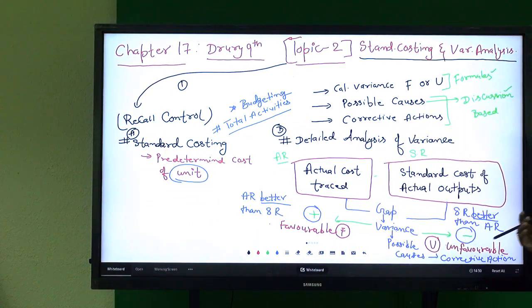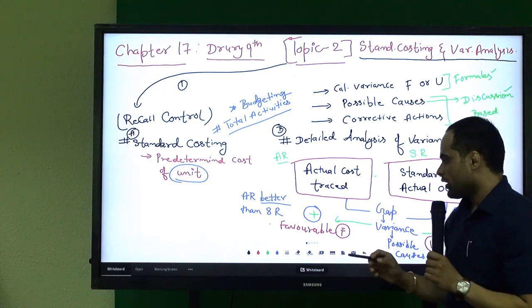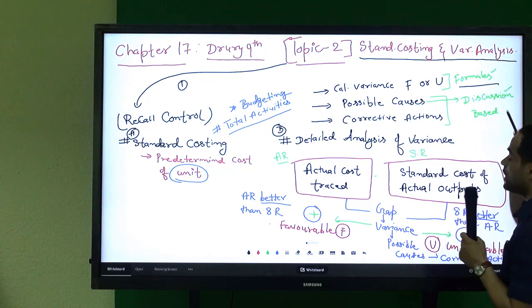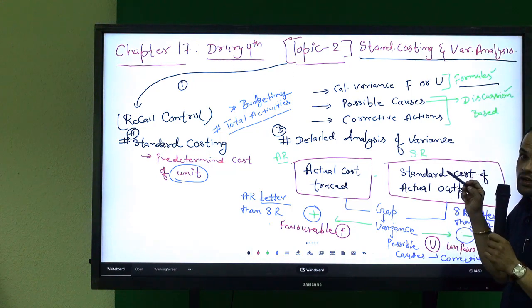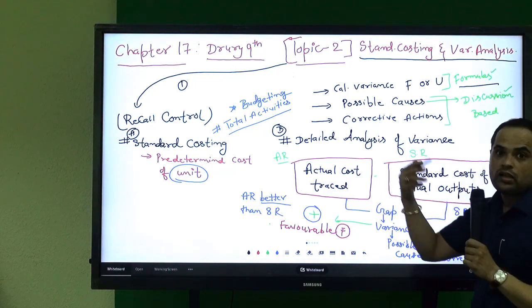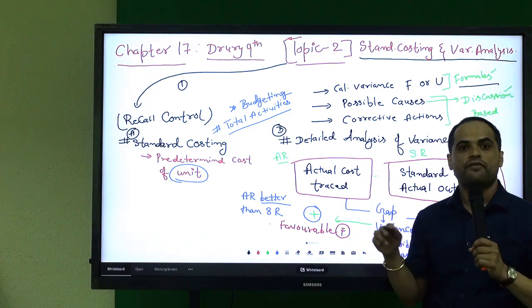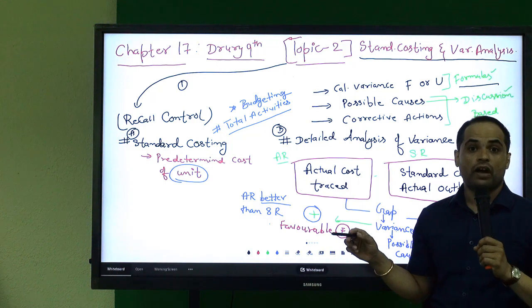We're going to do the same thing in learning outcome 3. We will find out what formulas we have, and later on we will do some calculations using those formulas to estimate favorable or unfavorable variance, right?